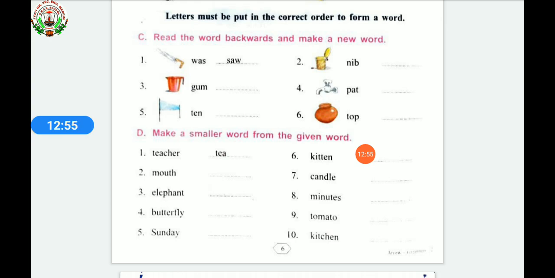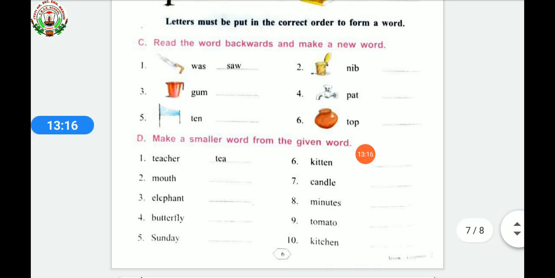Next, fifth one is Sunday. SUNDAY, Sunday. Again we can find two smaller words from this word. First one is sun, and the second one is DAY, day. Two smaller words, sun and day.